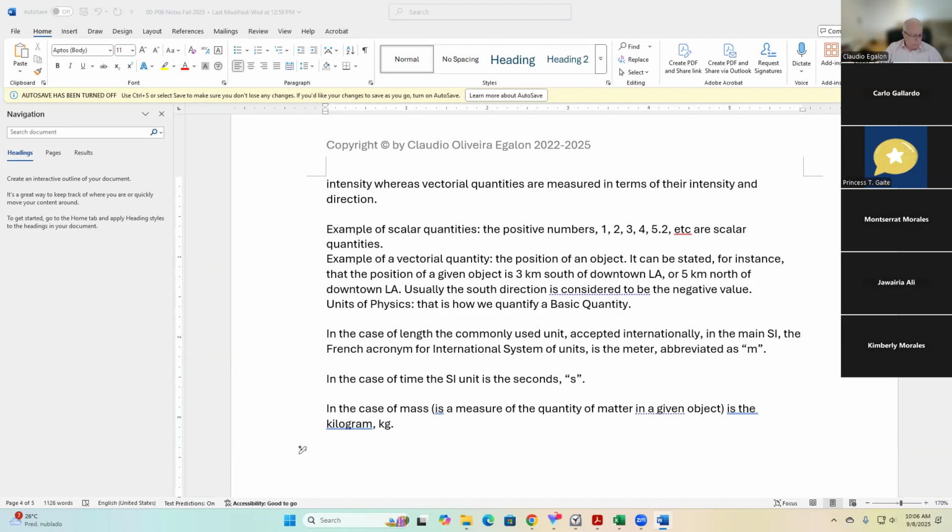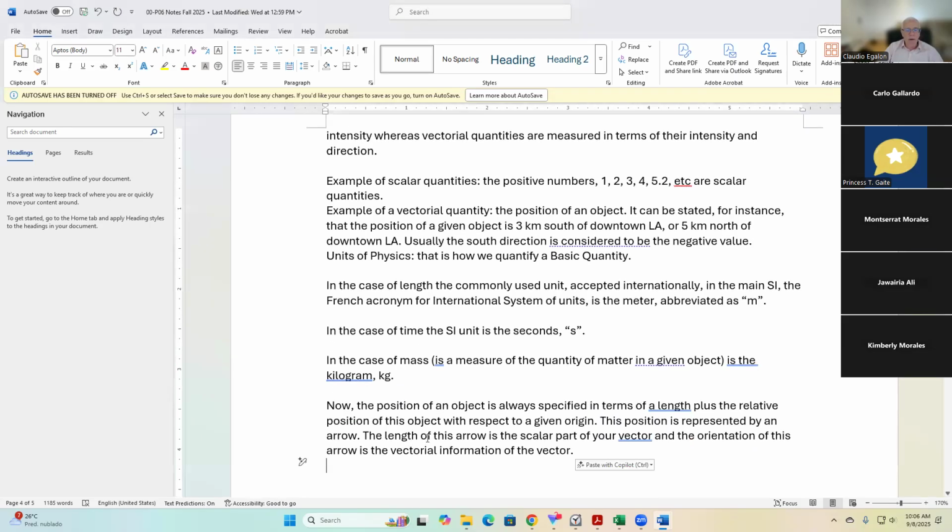The position, I'm just repeating what I said before: the position of an object is always specified in terms of a length plus the relative location of this object with respect to a given origin.